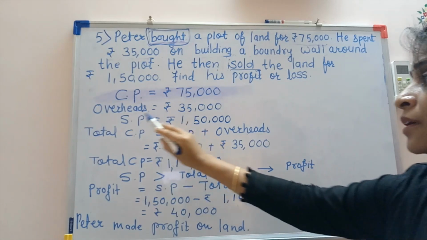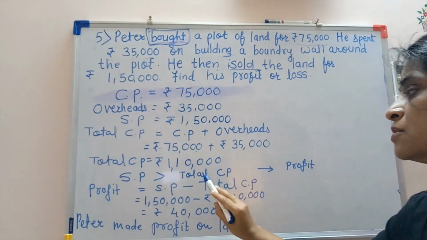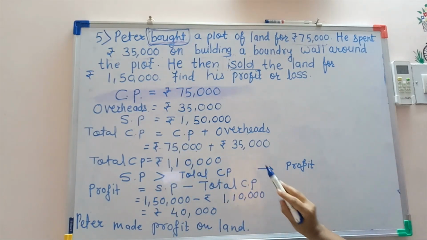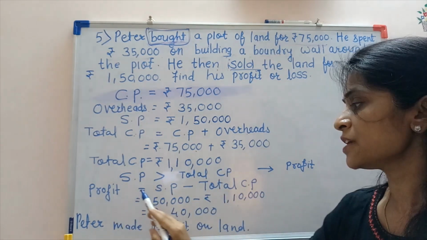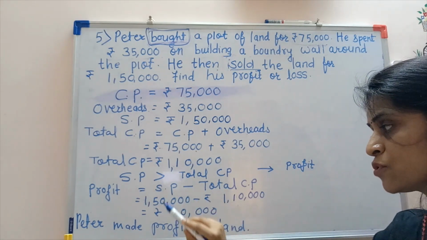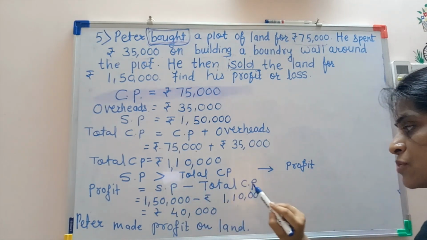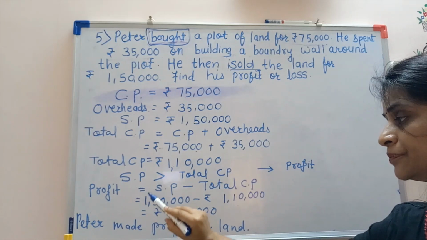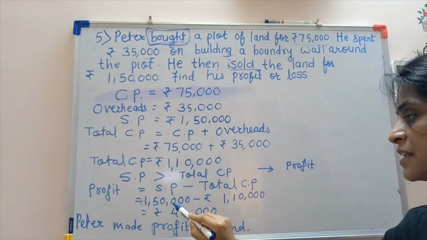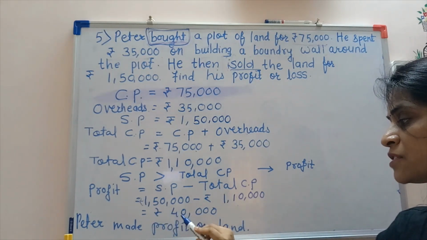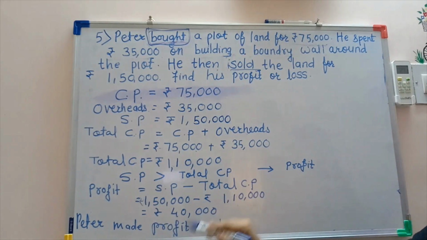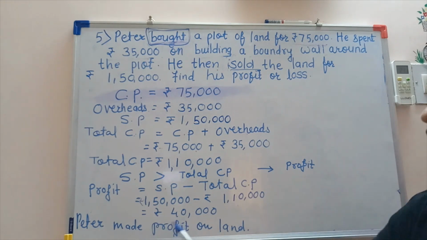Here selling price is greater than the total cost price. So in this situation there will be profit. Profit is equal to selling price minus total CP. From the selling price we subtract the total CP, so we get rupees 40,000. Peter made a profit of 40,000 on the land.